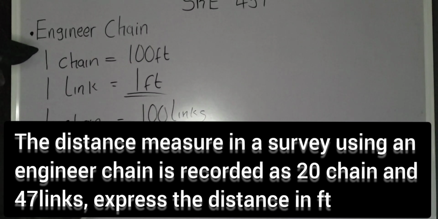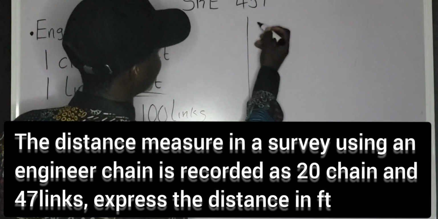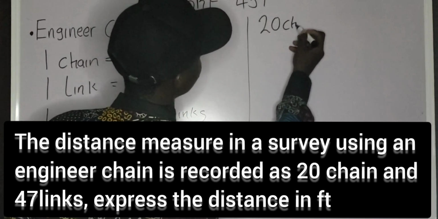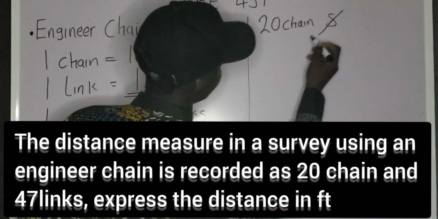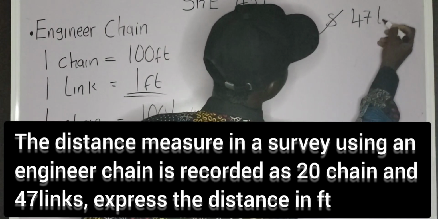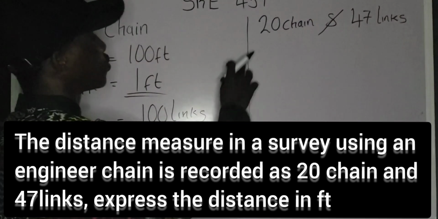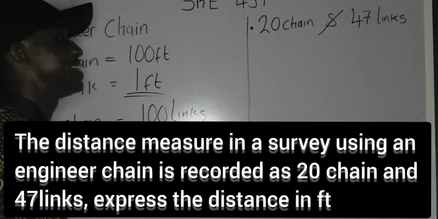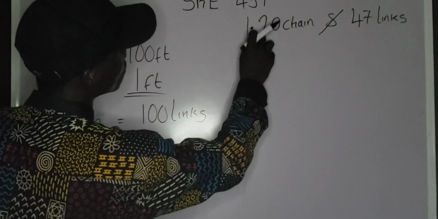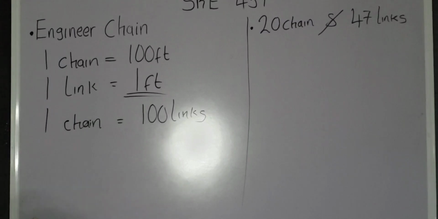We are given that the distance is 20 chains and 47 links. Now we are told to express this distance in feet. The first step is to convert the 20 chains to feet, then proceed to convert the 47 links to feet.